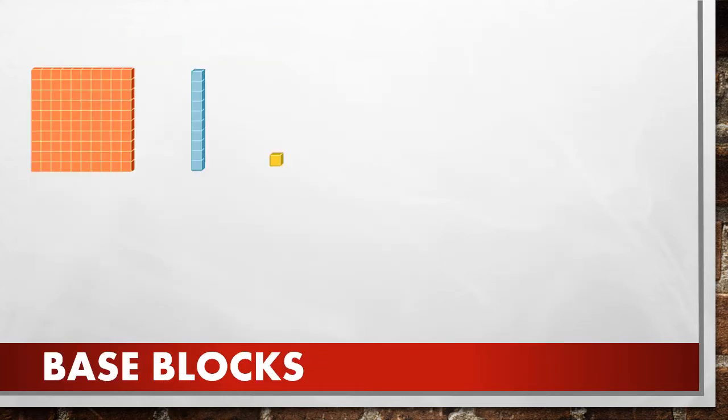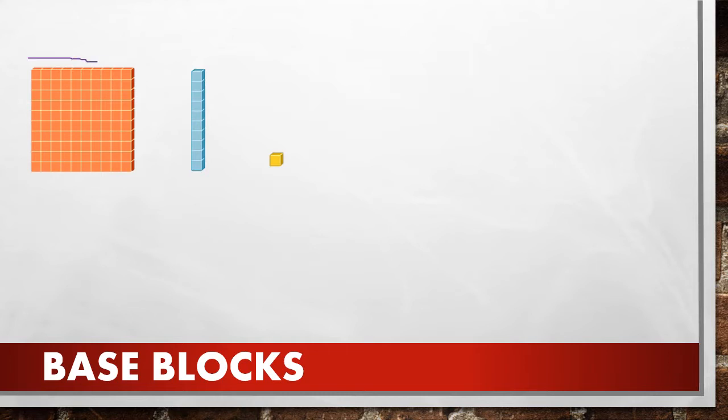This is base blocks. Base block in Bahasa is called block asas. It is used to represent the value of a number. Ia digunakan untuk mewakili sesuatu nilai nombor. Now let's look at the value of each blocks.